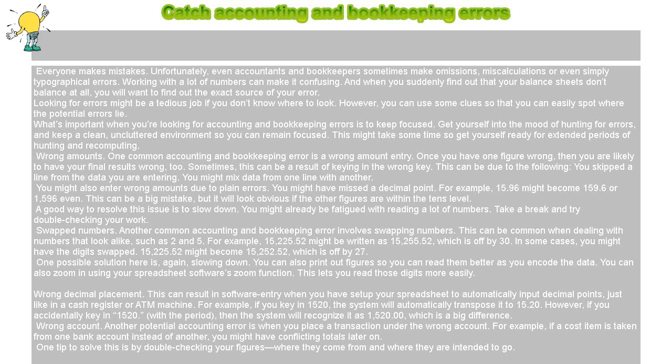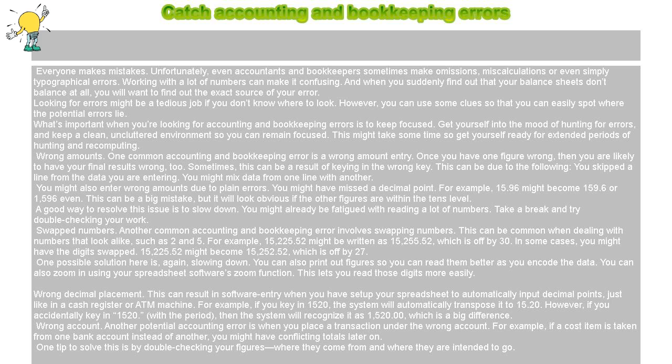Wrong amounts. One common accounting and bookkeeping error is a wrong amount entry. Once you have one figure wrong, then you are likely to have your final results wrong, too.